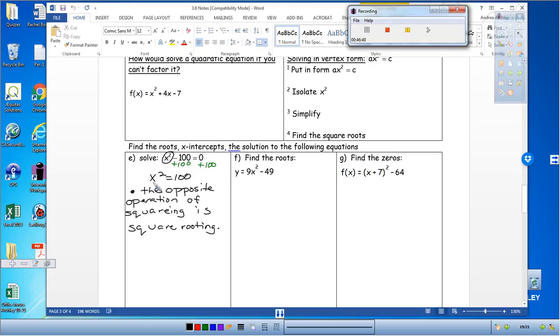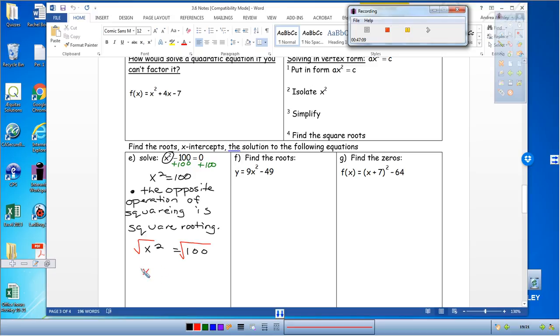Okay, so if I want to get rid of the x squared, that's why we reviewed at the beginning how to square root things. In order to get rid of the x squared, we need to square root both sides. And the square root of x squared is just x.